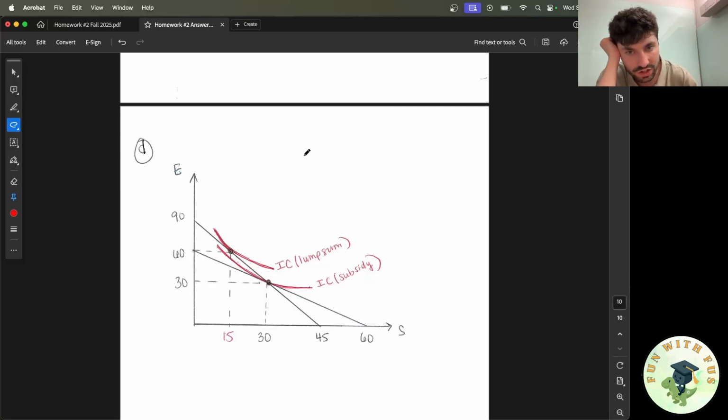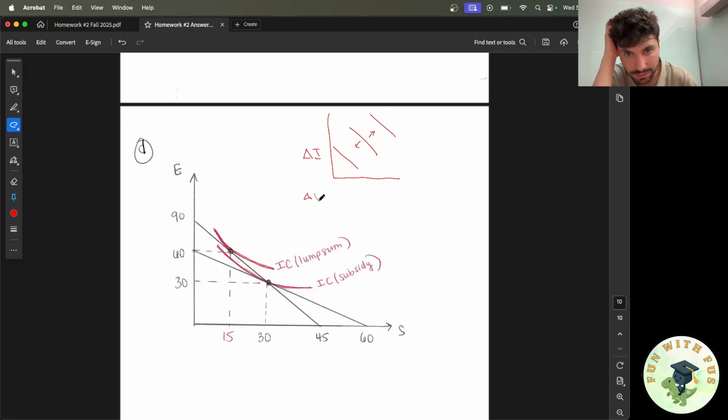A change in income makes literally the same line; it's either going to shift inward or outward. If this was my line, it would go this way or this way. Since the prices don't change, it's still going to be the same slope. But in this case, with our subsidy, the MRT did change.